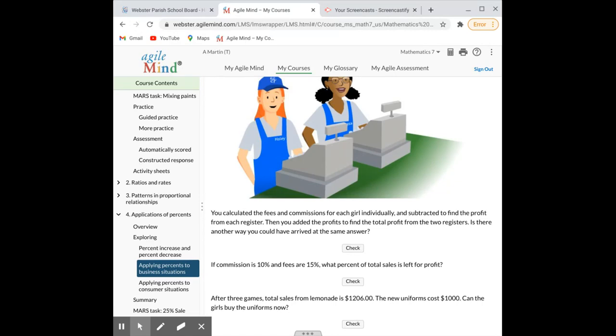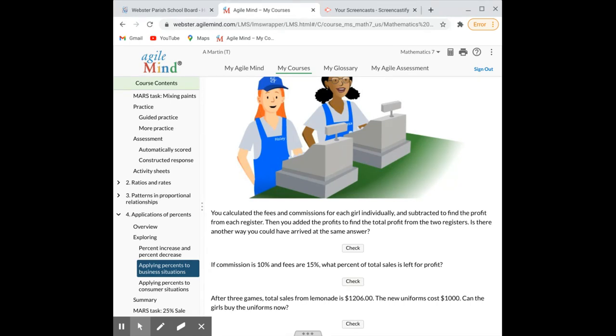Think about it. What can we do with the fees so that we can find the total profit faster? Maybe find both of the totals first. Okay. Add or subtract? What are you thinking, Levi? I said you can start by finding the total sales and then subtract the commission and fees. Okay, so think about the commission and fees. What do they add up to when they're combined?